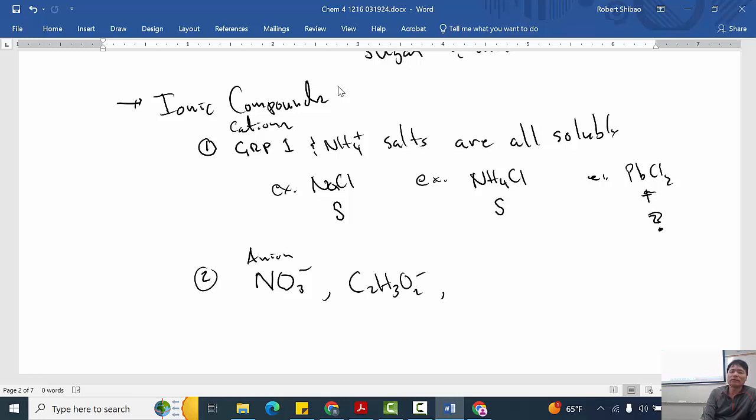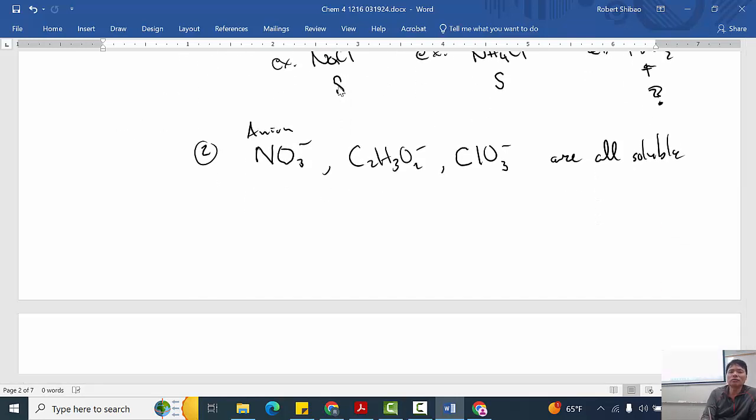And chlorates. What's the formula for chlorate? Good. So nitrates, acetates, and chlorates are all soluble. For example, if I had lead 2 nitrate, what's the formula? I'll take the lead 2 ion and the nitrate, and then what ratio should I mix these in? Pb, and then NO3. Good. Is this soluble or insoluble? Soluble. All nitrate salts are soluble.